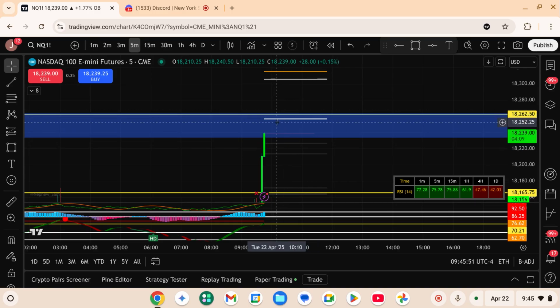So we'll probably sweep this liquidity and then reverse and retrace back down.